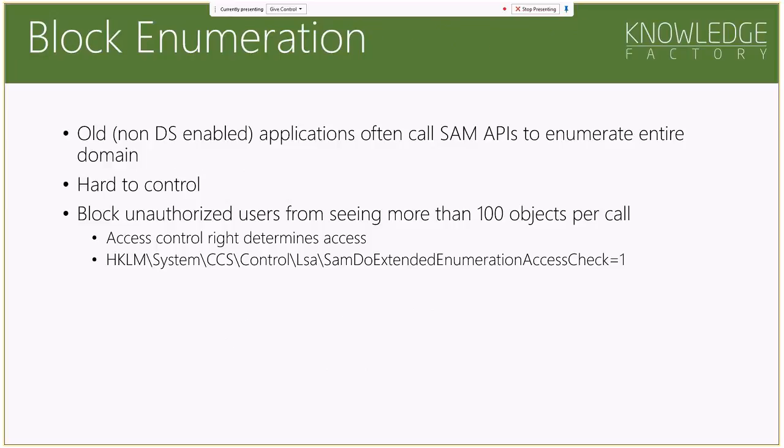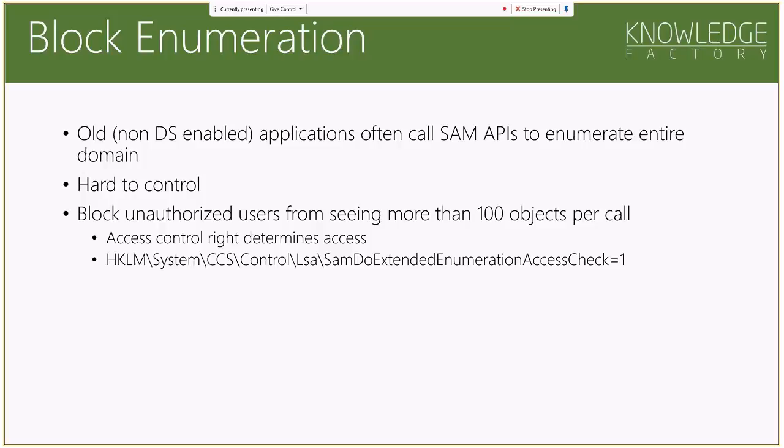Block enumeration. Old applications use SAM APIs to enumerate the entire domain. I say old applications, and yes, they're old in the sense that the programmer who wrote it is probably 60 plus years old. That's what I basically mean. It uses old ways of writing code.